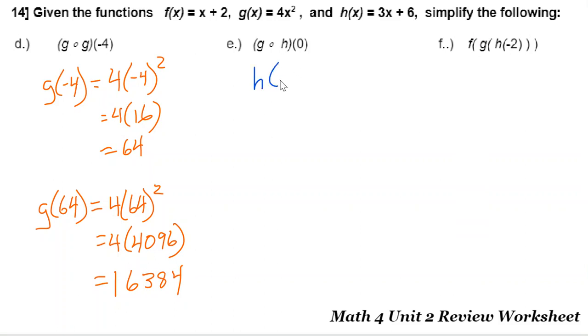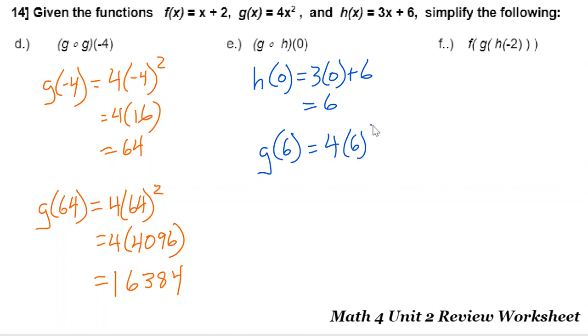Here we're going to start with h of 0 rather. 3 times 0 plus 6 equals 6. And we're going to plug it into g of 6, which is 4 times 6 squared, 4 times 36, which is 144. Okay.